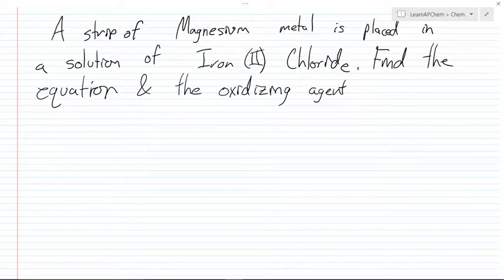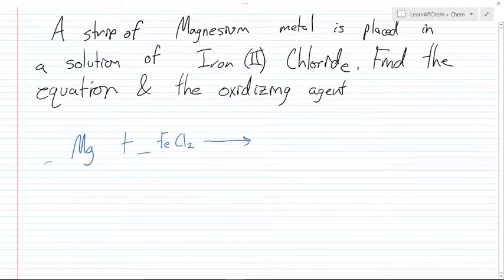So a strip of magnesium is placed in a solution of iron 2 chloride. Notice that I'm leaving space to add coefficients. And I guess we're assuming that a reaction has taken place.